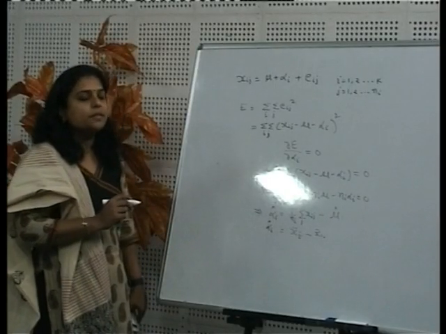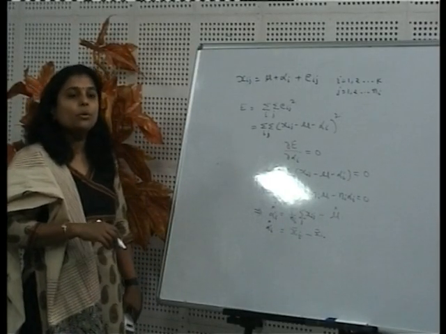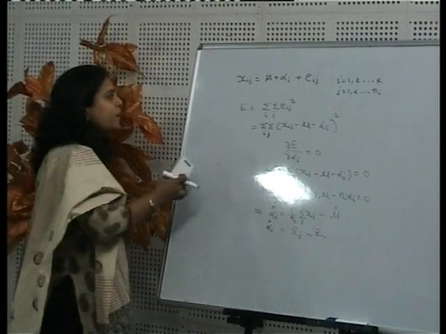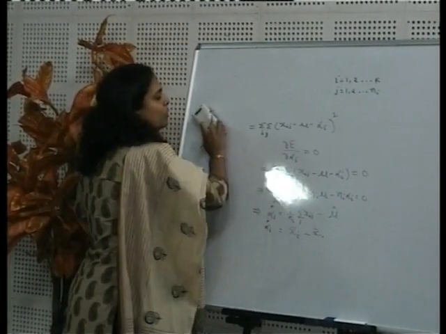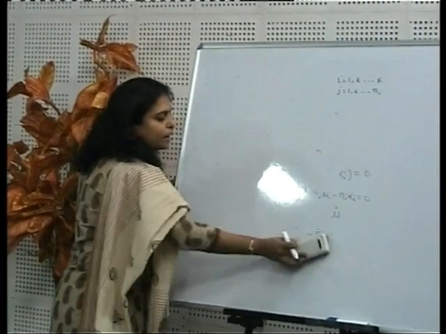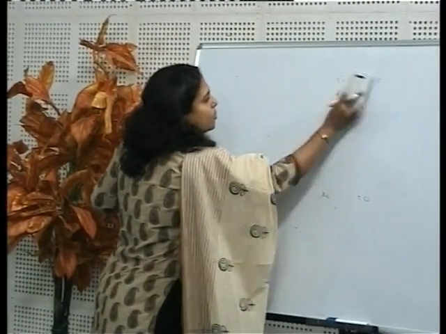Now let us divide the total variation into different components. Let us see how we can divide the total variation present in the data into various components.